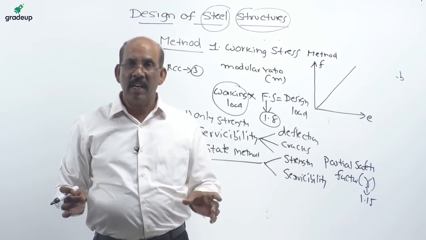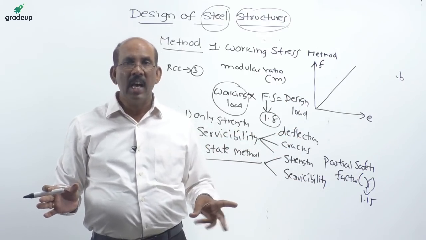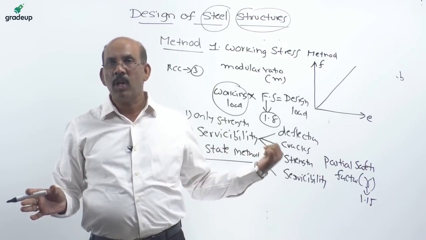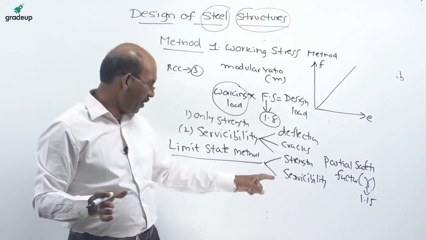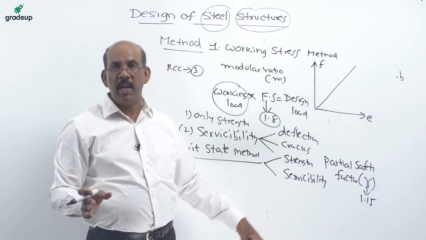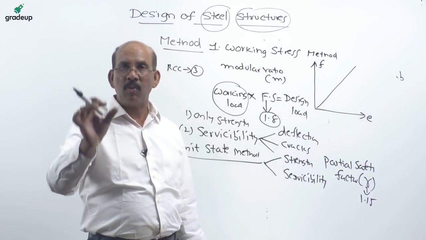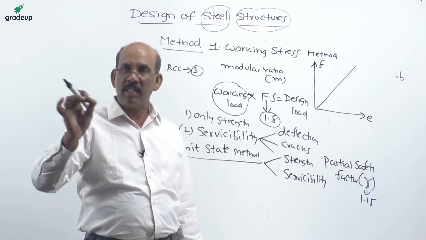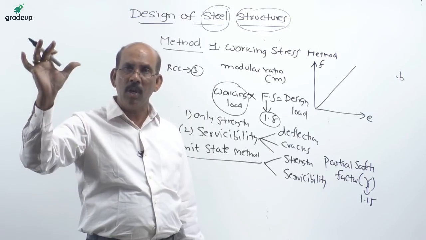Steel structure, compared to RCC, is costly, and hence the factor of safety has to be minimized. Therefore, in today's limit state method the factor of safety is only 1.15, because the steel behavior is perfectly predicted: if you plot the stress-strain curves, exactly at what load the material is going to fail.